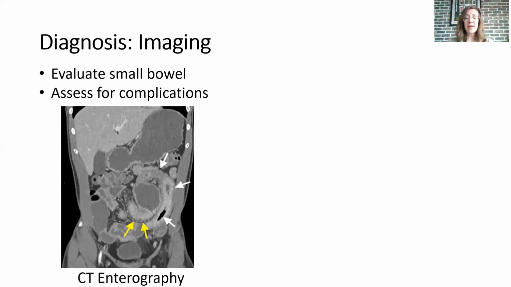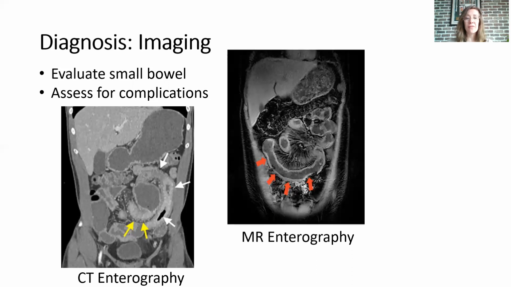So the main way we do that is with something called an enterography. There's both a CT enterography and an MR enterography, which are special CT and MRI scans with oral contrast and IV contrast that really help to highlight the small bowel. For both of these, you can see the arrows pointing to thickened, enhancing small bowel that tells us that there's inflammation there.